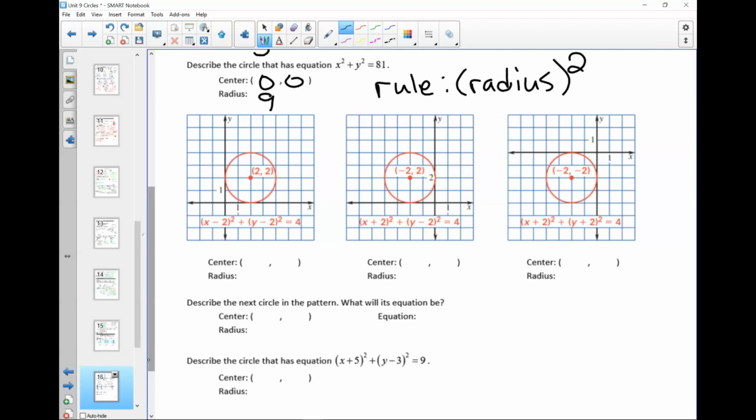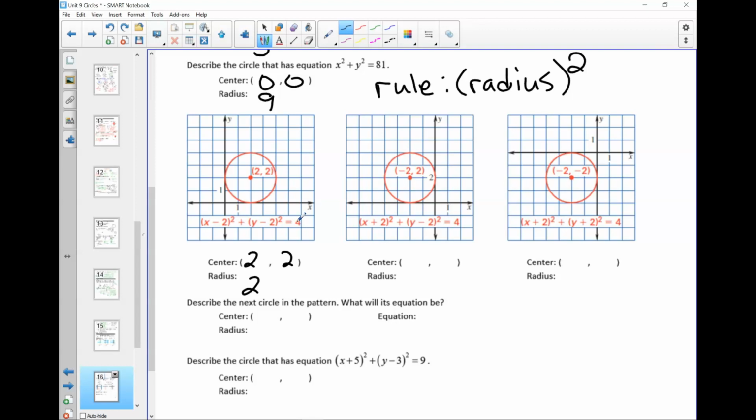Okay, let's look at circles that have moved about or transformed as they've moved around the coordinate plane. Here, our center is (2, 2) and our radius is 2. So look at the equation: (x minus 2) squared plus (y minus 2) squared equals 4.